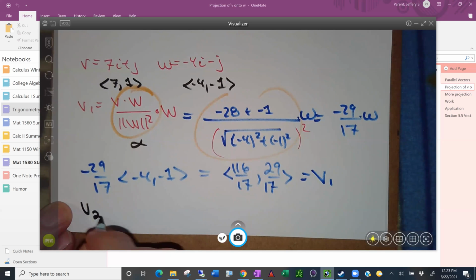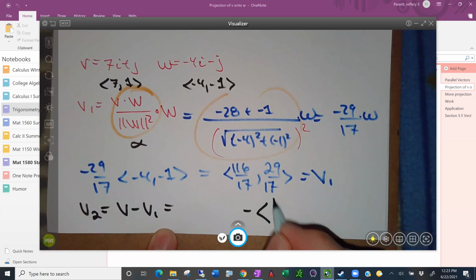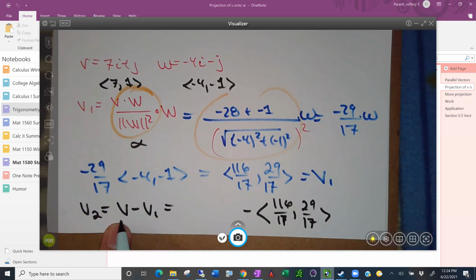Let's find V2. V2 is going to equal V minus V1. Now V1 is this right here, 116 over 17 and 29 over 17. For V, let's go back up here.